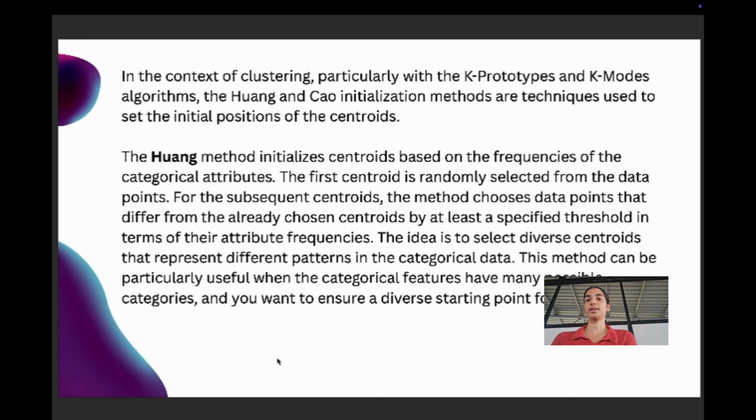For the subsequent centroids, the method chooses data points that differ from the already chosen centroids by at least a specified threshold in terms of their attribute frequencies. The idea is to select diverse centroids that represent different patterns in categorical data. This method can be particularly useful when categorical features have many possible categories and you want to ensure a diverse starting point.